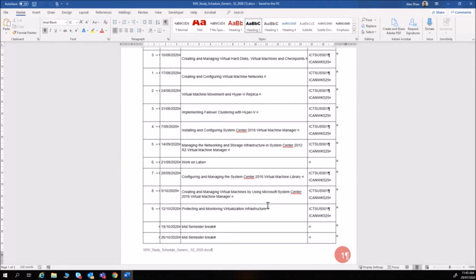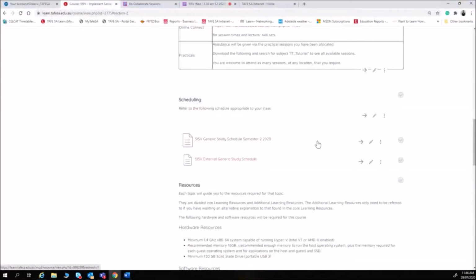Meaning, if you don't hand it up on or before the due date, and you hand it up after the due date, it will be counted as your second attempt.